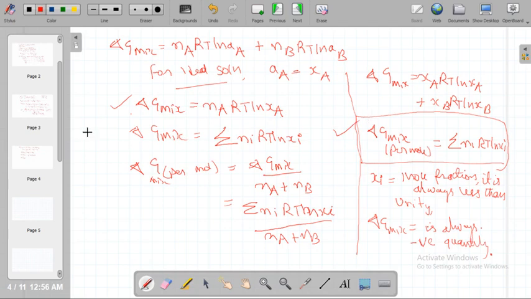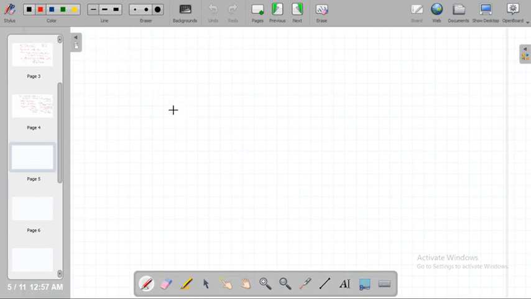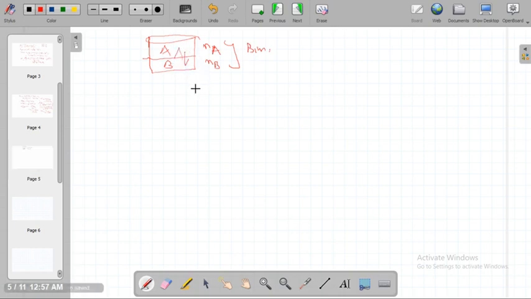But the question asks you to show that the volume of mixing is equal to 0, enthalpy is equal to 0, and entropy is equal to 0. So one thing you have to keep in mind is, when the binary solution is formed, the chemical potentials and equilibrium are maintained, and the free energy and chemical potential is RT ln XA.